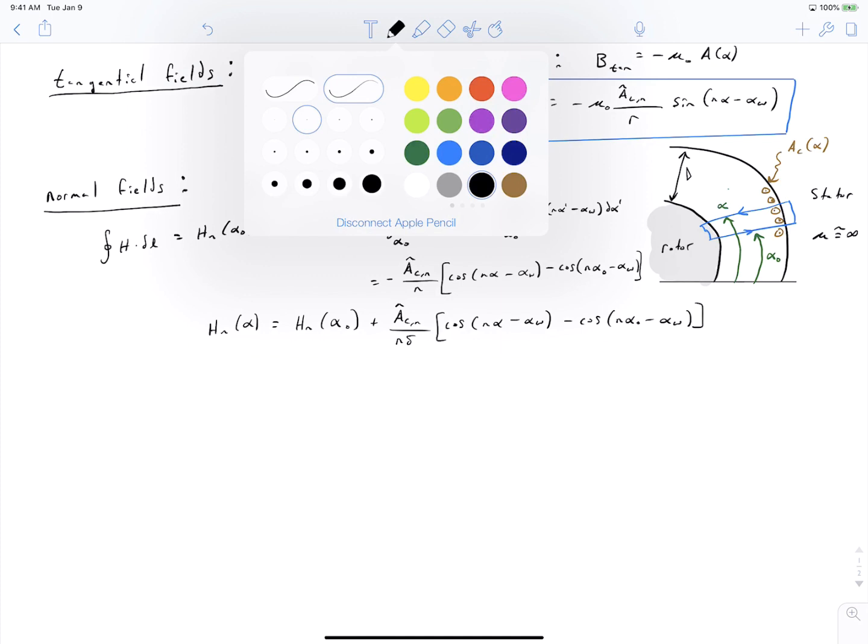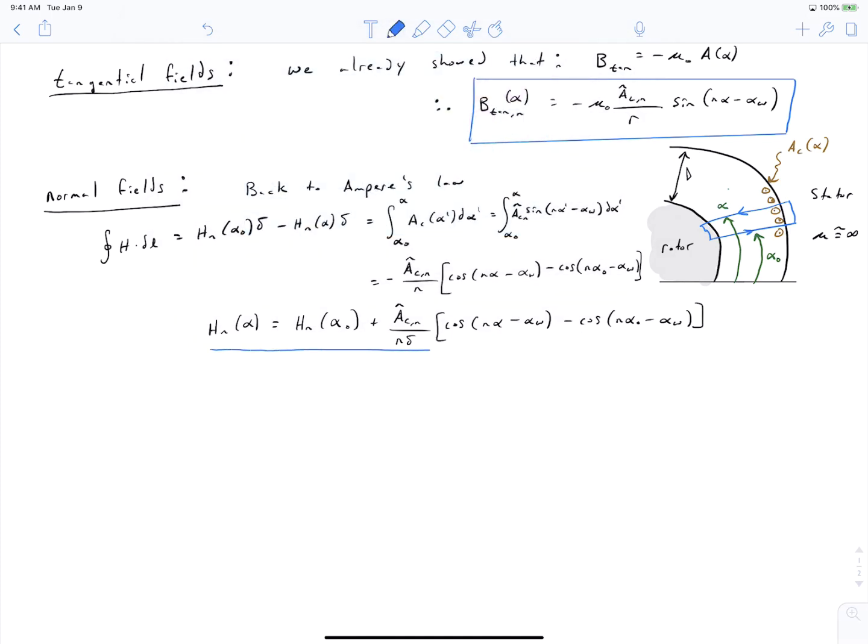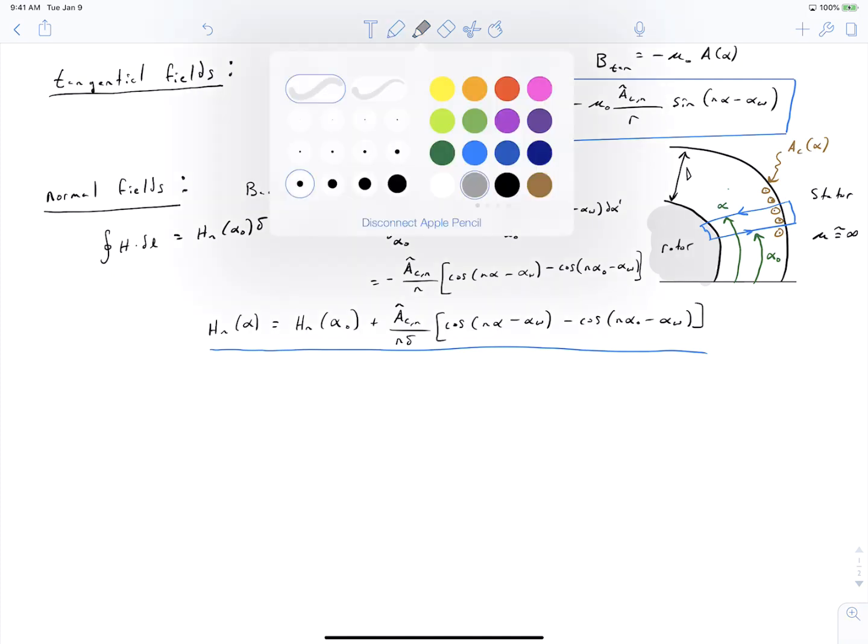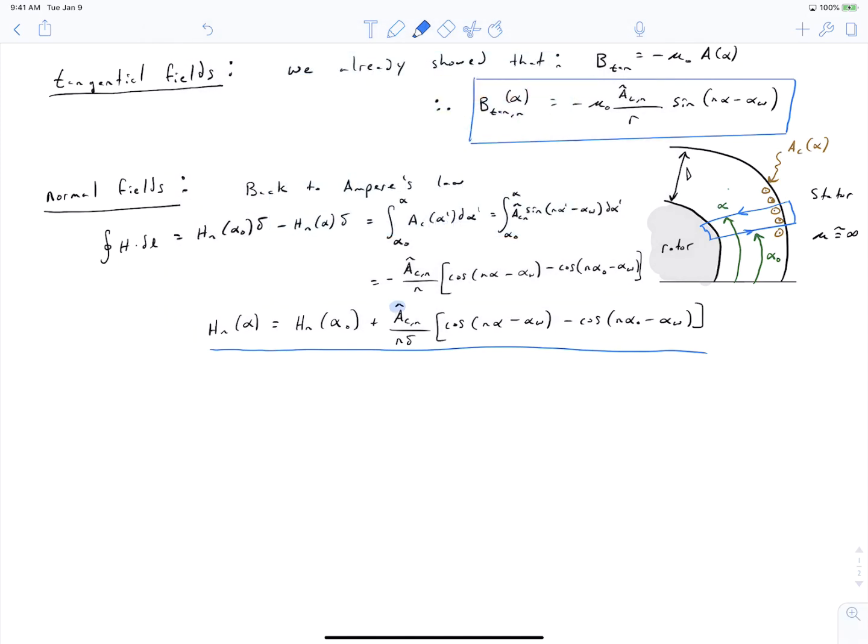Okay, great. This is reminiscent of the building block model that we developed for a single coil. We've got H of alpha in terms of our current density, which is a good thing, because we know our linear current density, so we can evaluate this part. However, at the moment, we don't know what value to use for alpha 0, and we also don't know what Hn of alpha 0 is.